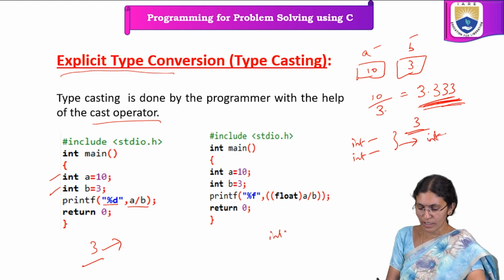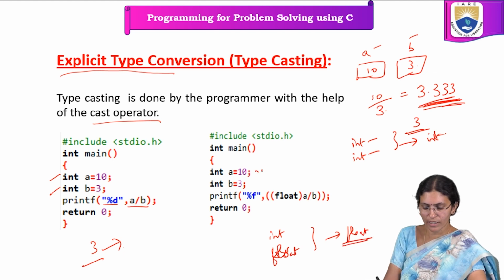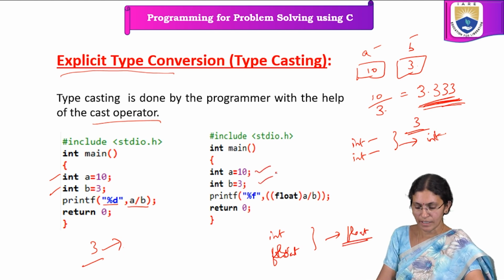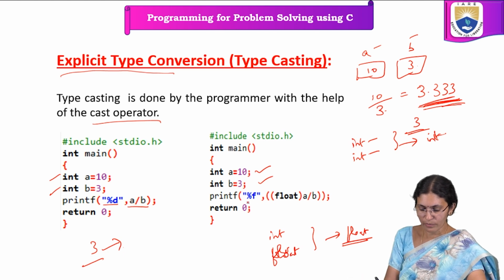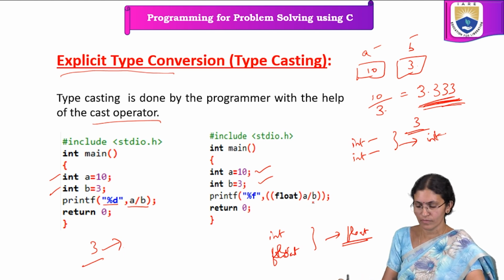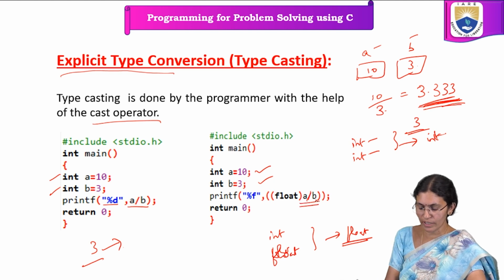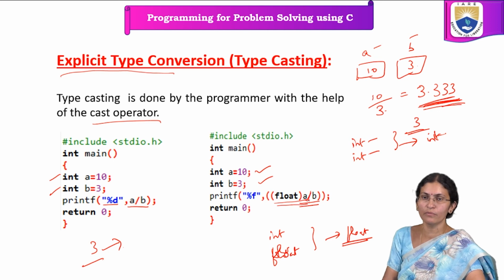When you have integer and float, the output will be a float. Suppose we have already declared the two variables as integer type, and when we are performing this division with the help of the division operator, then we have to convert one of the variables to float.